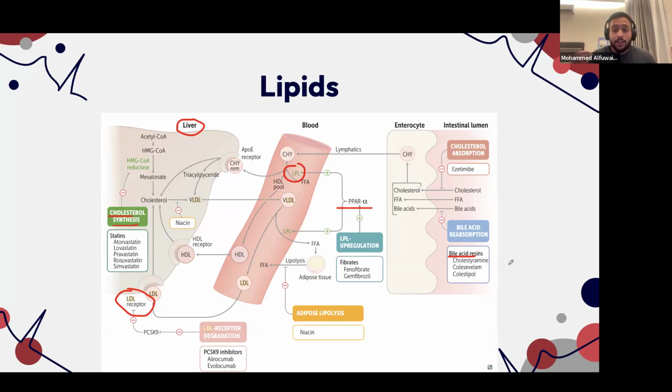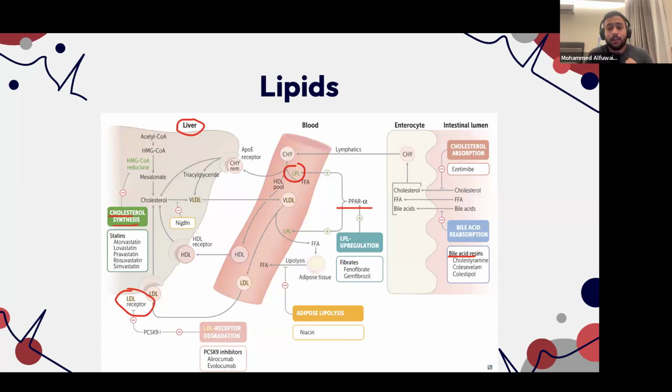This enterohepatic circulation is very important because basically 90% of bile acids get reabsorbed. So what you can do is inhibit that by binding to bile, which is what we call a resin. It binds the bile and allows it to be excreted in the stool. So what will this do at the level of the liver?